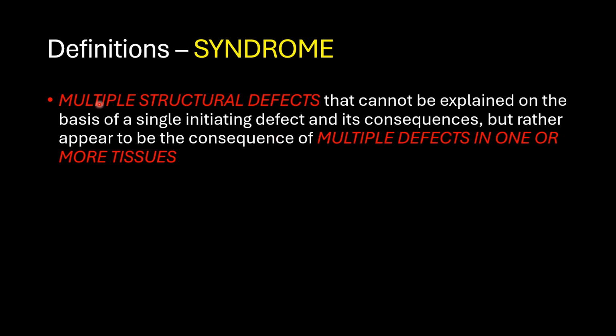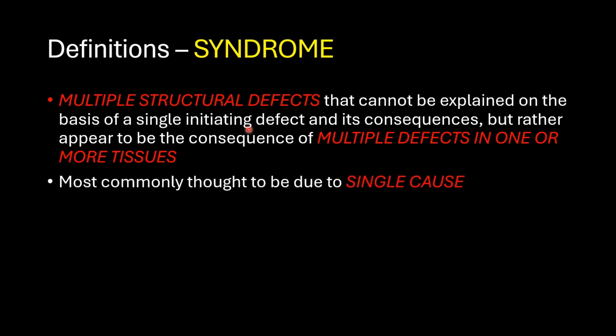In sequence also there were multiple structural defects, but all of those defects could have been explained on the basis of a single initiating defect and its consequences. But in syndrome, they cannot be explained on the basis of a single initiating defect and its consequences, but rather appear to be a consequence of multiple defects in one or more tissues. Multiple defects in one or more tissues lead to multiple structural defects. This is the definition of syndrome.